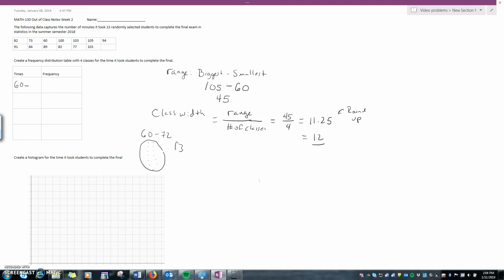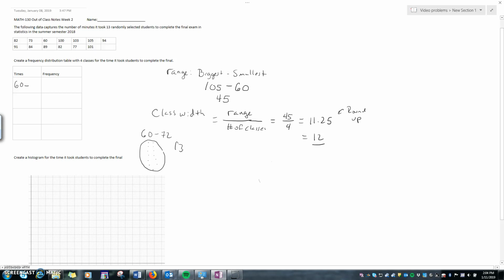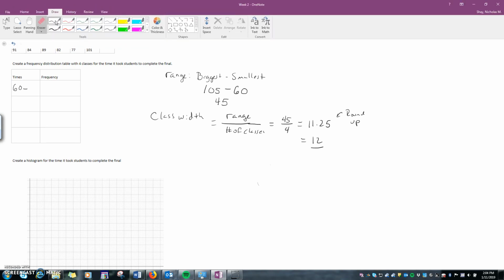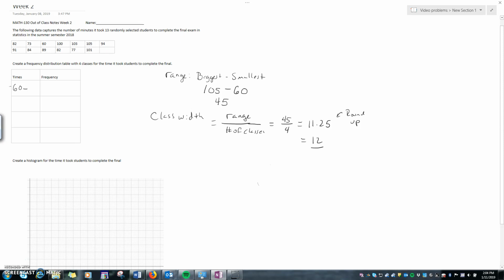So you don't add across. What we're going to be doing here is adding down. We're going to take our number and add that width down. So we're going to add 12 this way. So 60 plus 12 is 72, plus 12 is 84, plus 12 is 96.